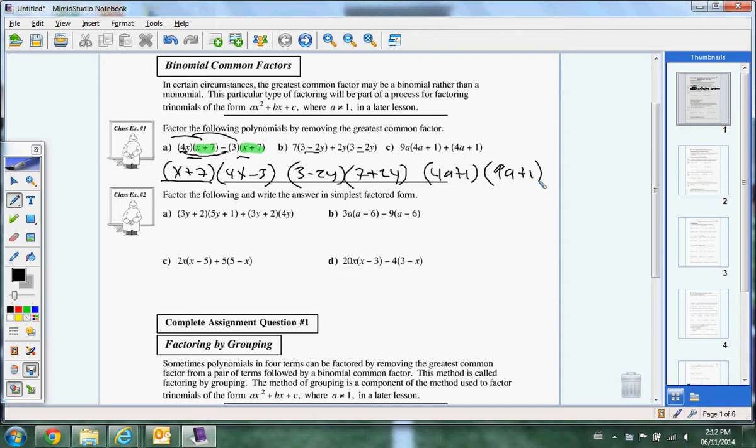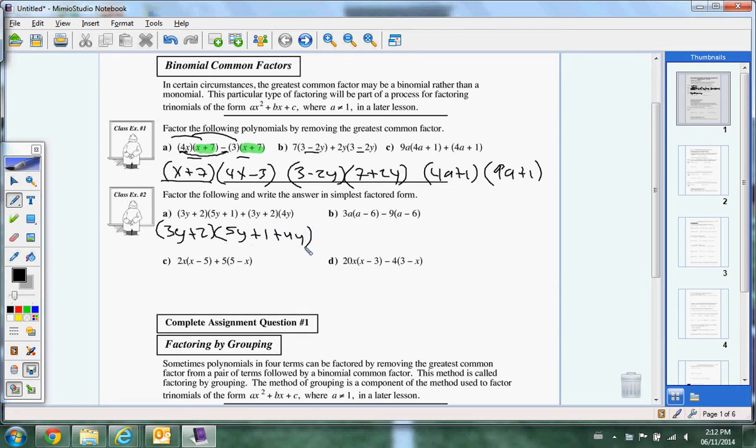Okay, good. Factor the following and write the answer in simplest factored form. Then A, Josie, what would we factor it down to there? What do they have in common? 3y plus 2 times 5y plus 1 plus 4y.